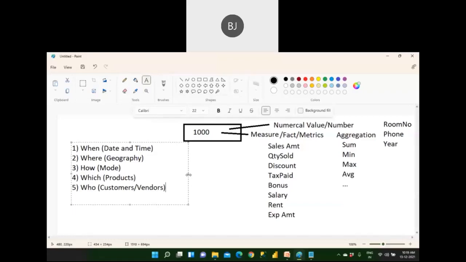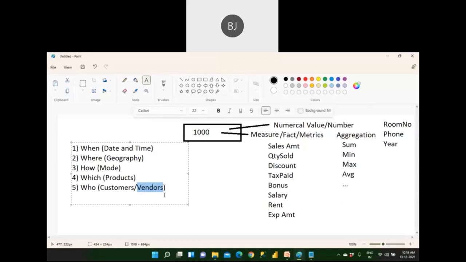So who's giving Unilever this much profit? My dealers like Big Bazaar, Flipkart, Amazon, and a lot of other companies like DMart. These are the vendors. Who are the customers who are buying more and more products, right?